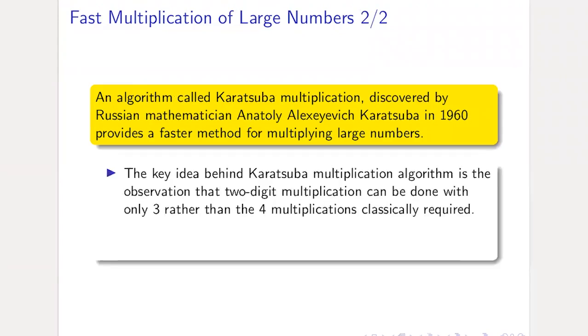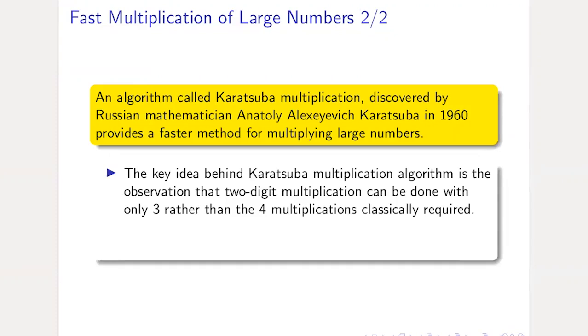Okay, so the key idea behind the Karatsuba multiplication is that when you multiply two numbers, you can do that using just 3 multiplications rather than 4 multiplications, which is the classical requirement.